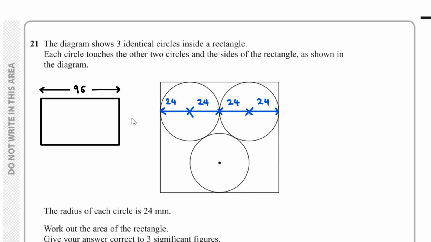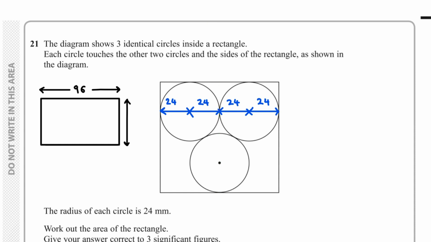And if we find out the height, well, for us to find out the height, let's see what we can first of all deduce from this diagram. Well, from here to here, okay, let's just show this in red. We have from here to here length of 24, and here to here we'd also have a length of 24. But then we've also got this bit over here, which is currently unknown.